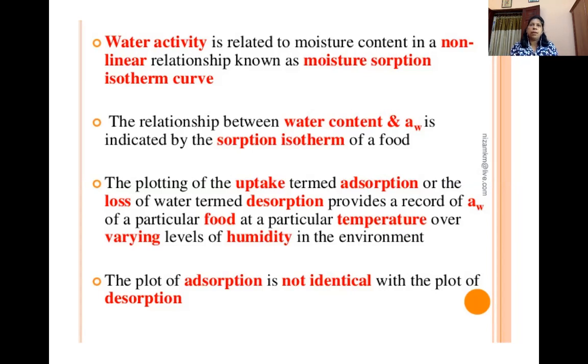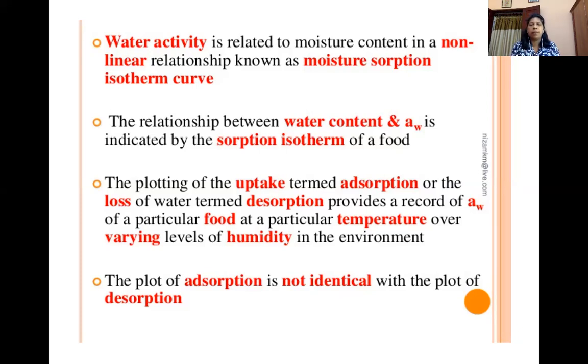Because once the product is taking water inside, the water vapor it provides to the environment is different compared to when you are drying the same product in a normal environment, because it is providing different moisture content.